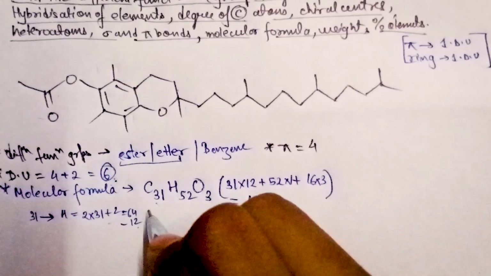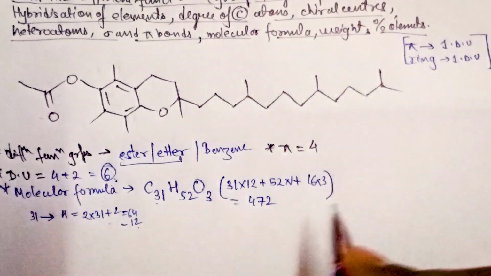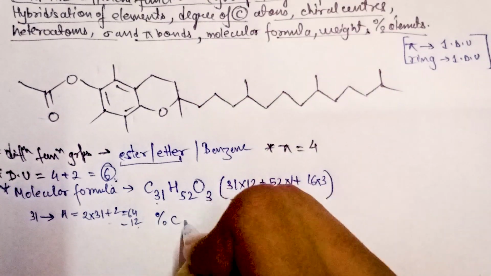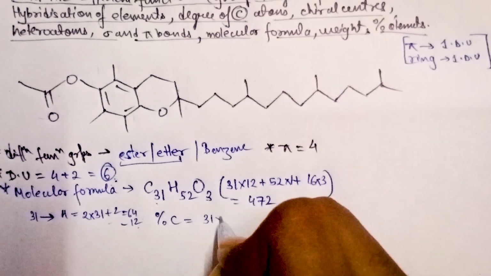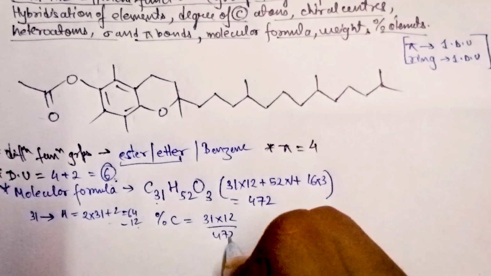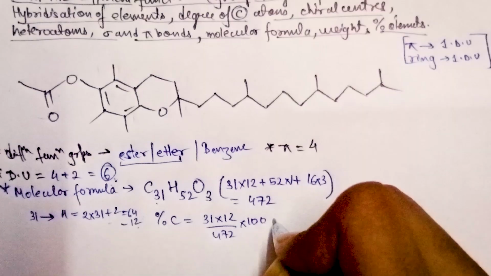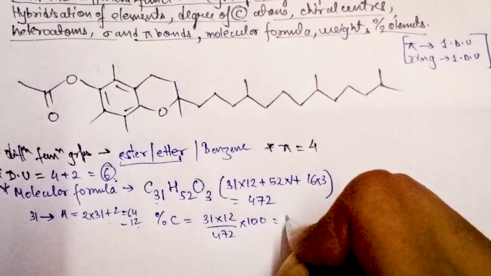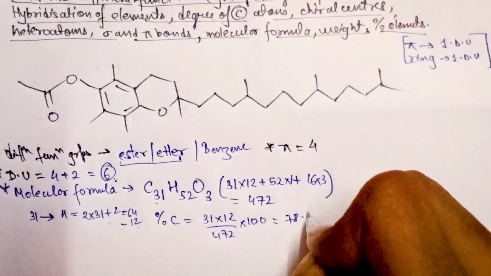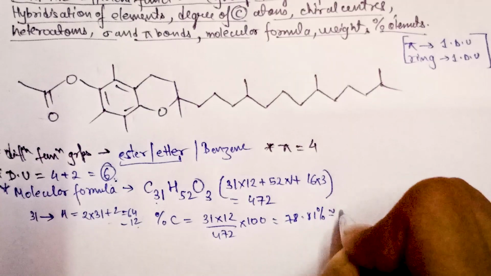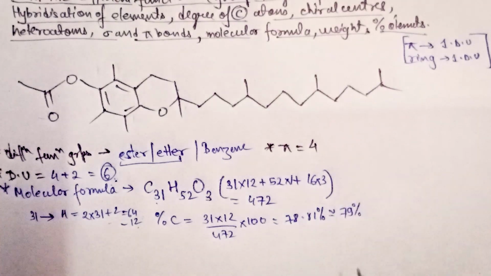And on further calculation, we can also find the percentage of individual elements. The percentage of carbon, we can easily write as 31 times 12 upon 472 times 100, which gives 78.81%, approximated as 79%.